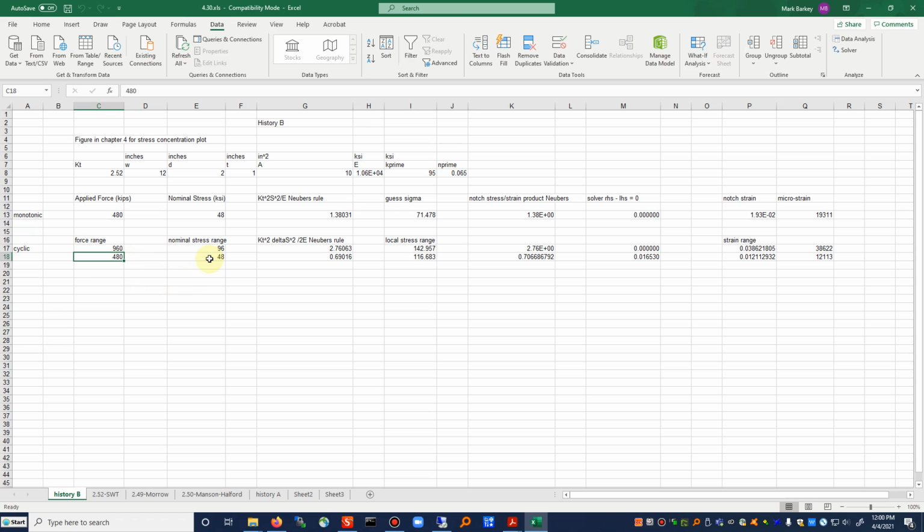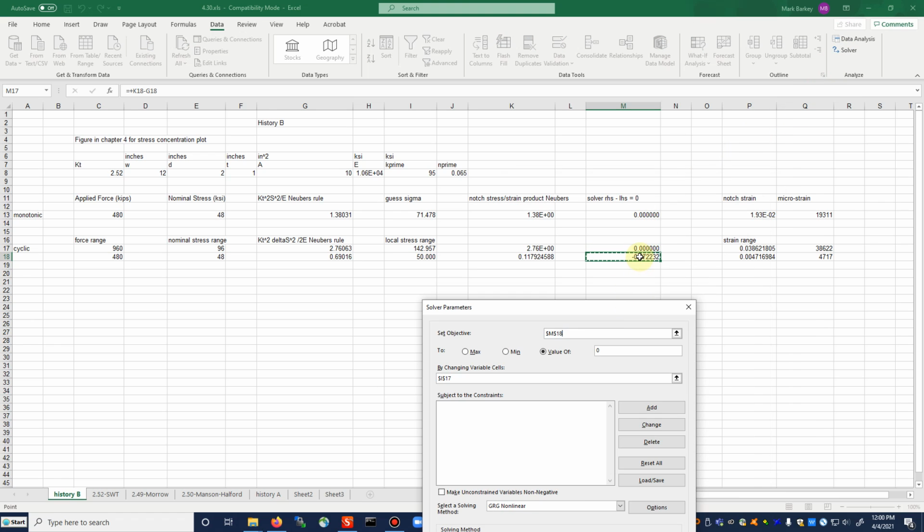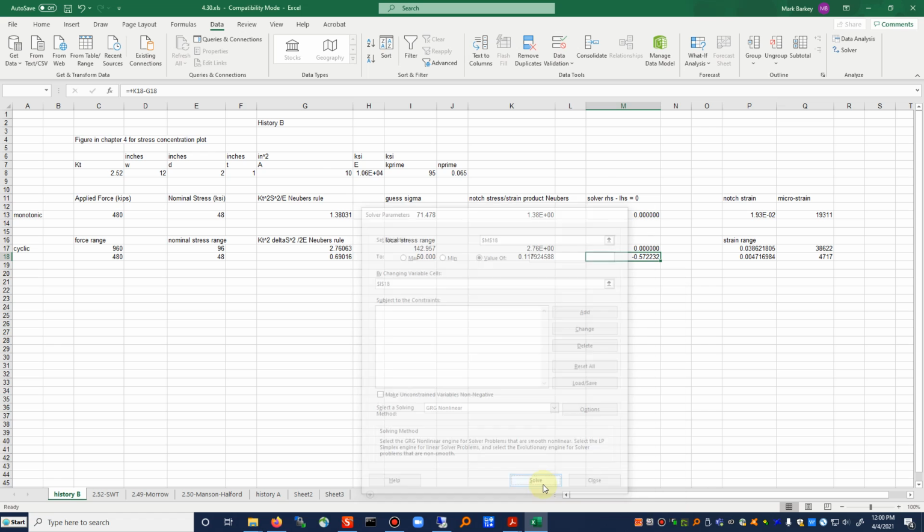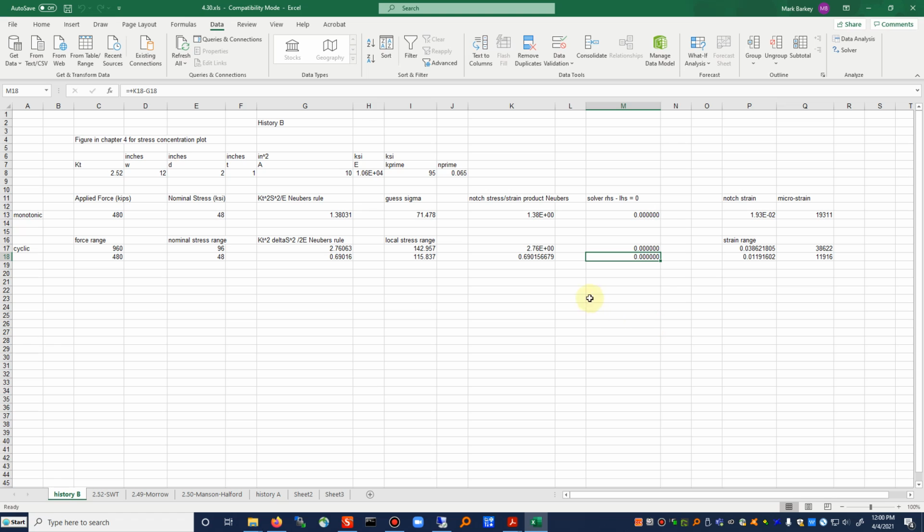Nominal stress range then of 48. And let me use my solver. I'm going to drive this line to 0 by changing this one. And it found a root.